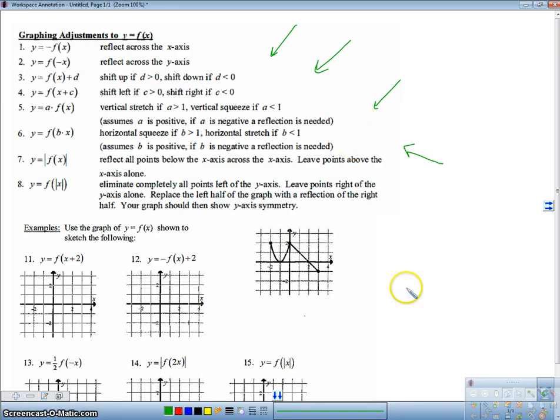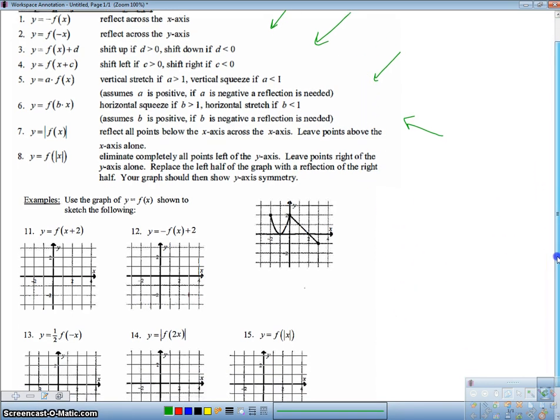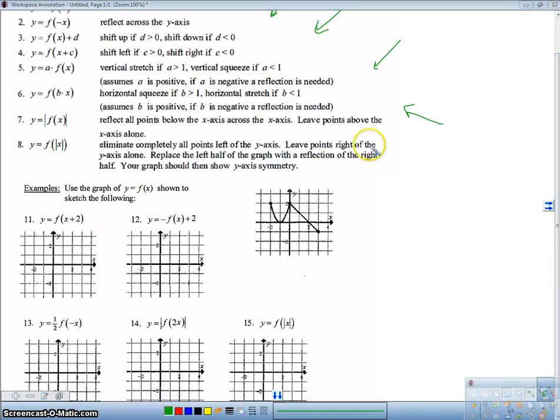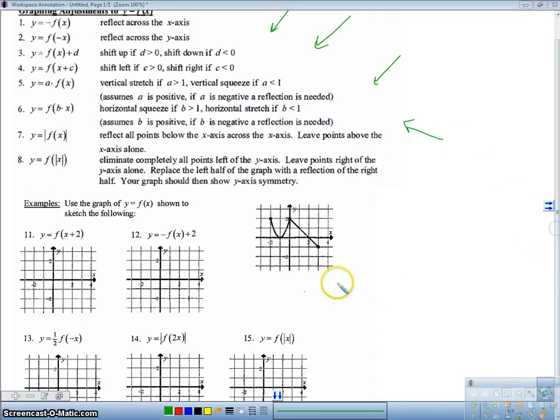Okay, so let's take a look at some examples I have here, using these rules up here to graph this function. So now I have this function here, f of x, and I want to do y equals f of x plus 2. Now plus 2 shifts the graph left 2 units. So instead of having my point right here, I'm going to have my point 2 units over here.